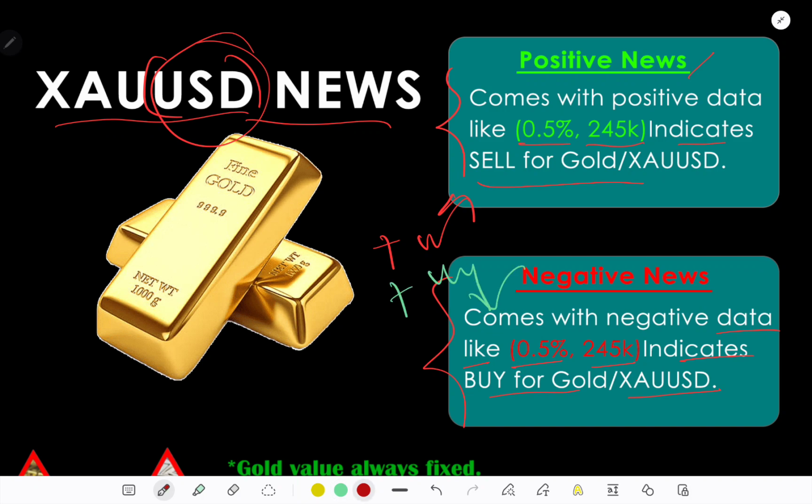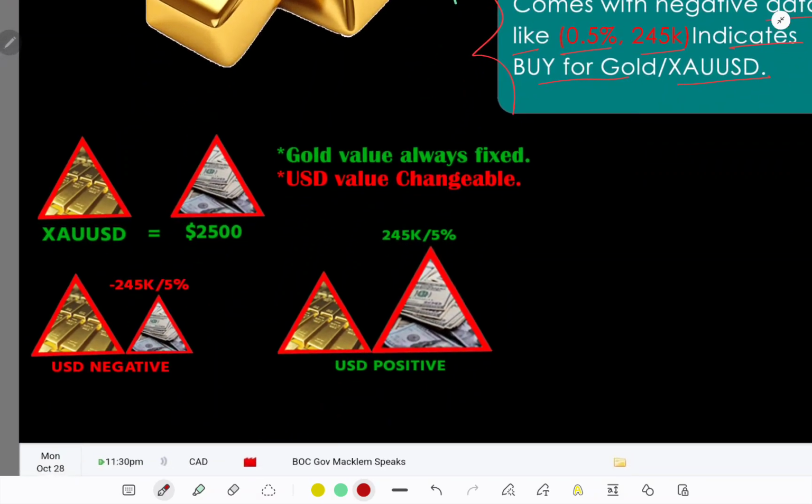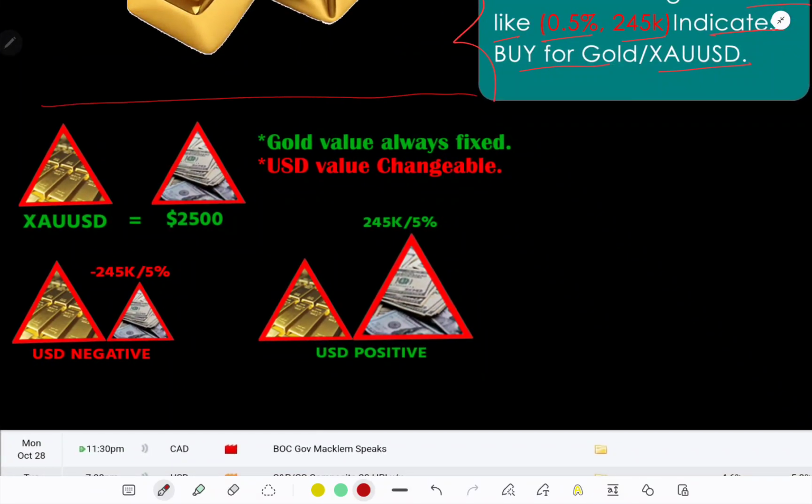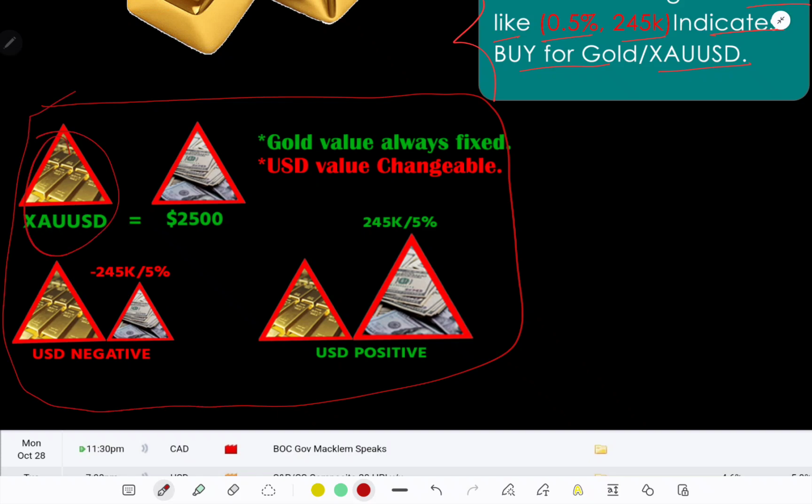Okay, so let's begin. If you see this particular area, suppose 1 XAUUSD is equal to 2500. Suppose one gold bar value is 2500 USD. As you can see, gold value is always fixed, it's constant, and USD value can change.